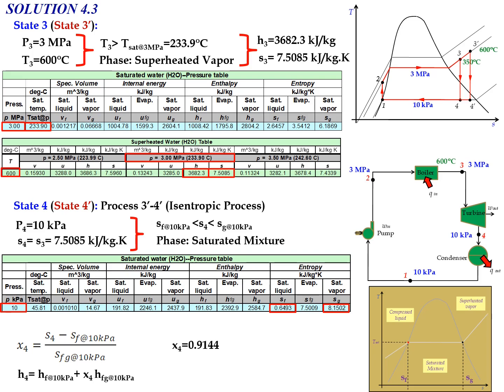And then determine the new value of H4 equal to HF at 10 kilopascal plus X4 multiplied by HFG at 10 kilopascal. Substitute the values, where HFG you can determine from the table of saturated water at 10 kilopascal. So the new value of H4 equals 2379.9 kilojoule per kg.